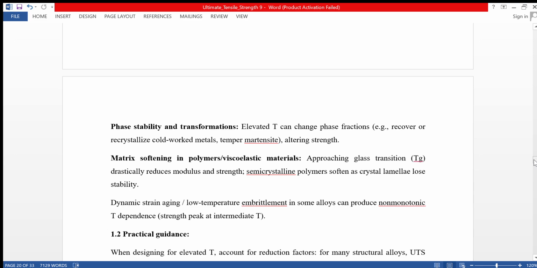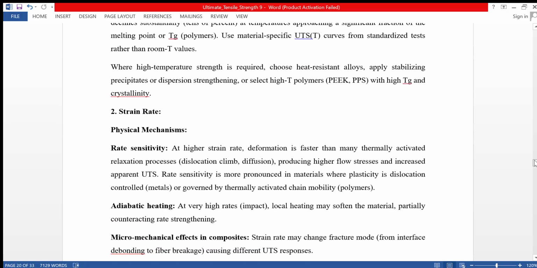Semicrystalline polymers soften as crystalline lamellae lose stability. Dynamic strain aging or low temperature embrittlement in some alloys can produce non-monotonic temperature dependence, with strength peaking at intermediate temperature.